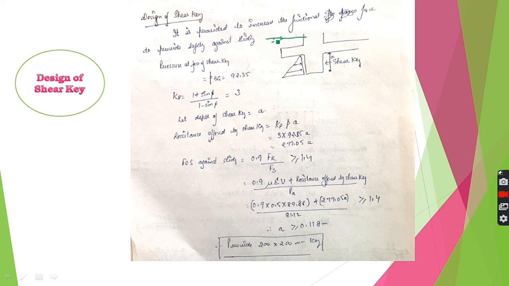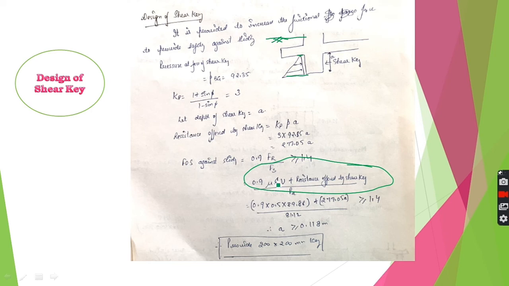This is the front ground surface of your wall, so there will be passive earth pressure acting on this. We consider only the shear key portion because we are concerned about only here, so we calculate pressure here and at this point. We add it to the restoring force.